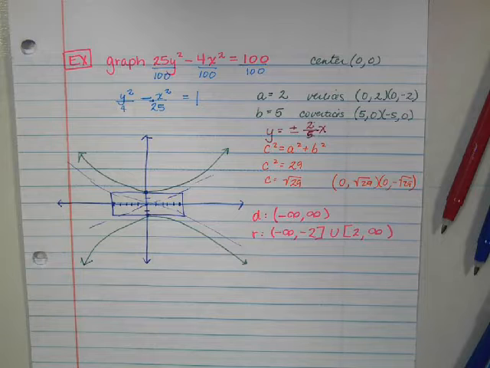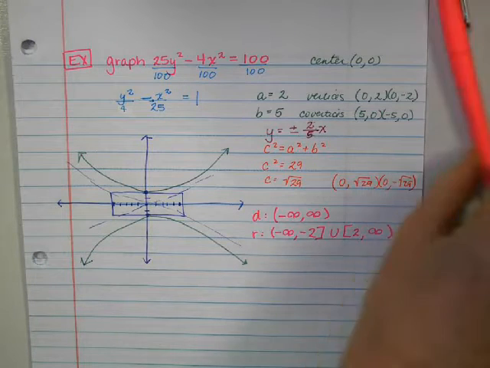Now let's do one that has a center point somewhere else, okay? All the equations are the same. You just have to add and subtract it from your center point.